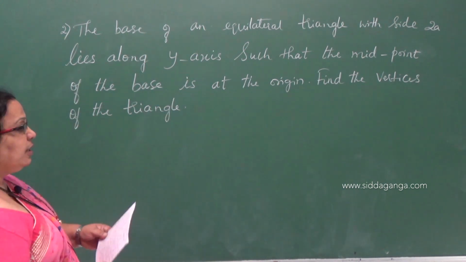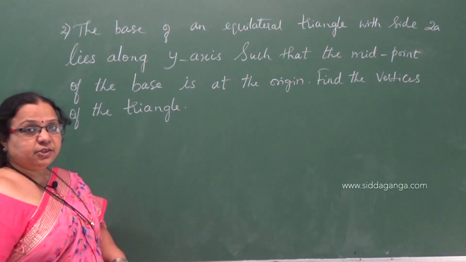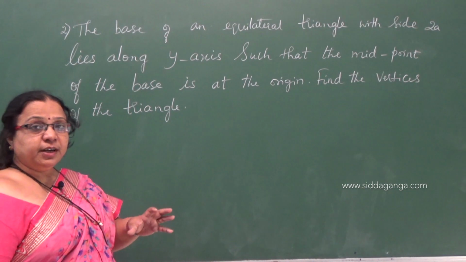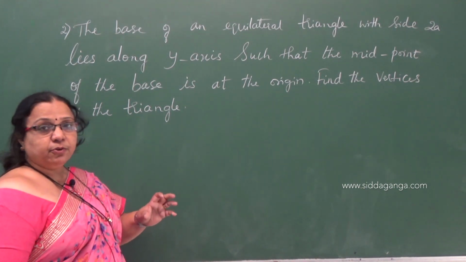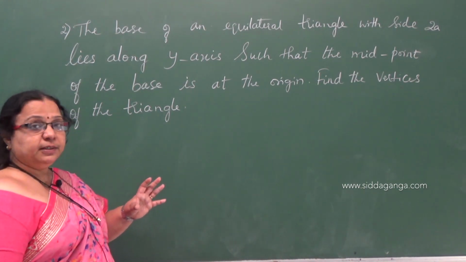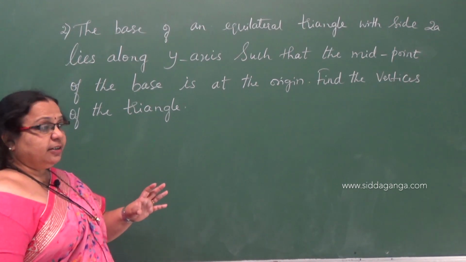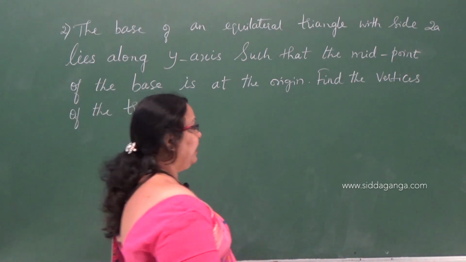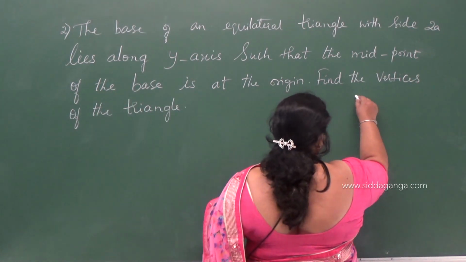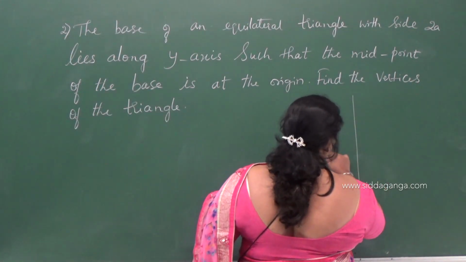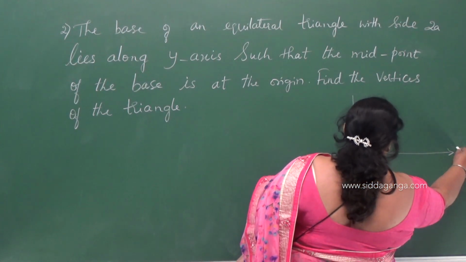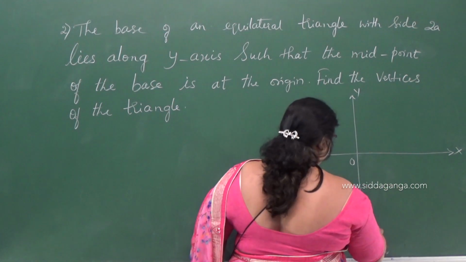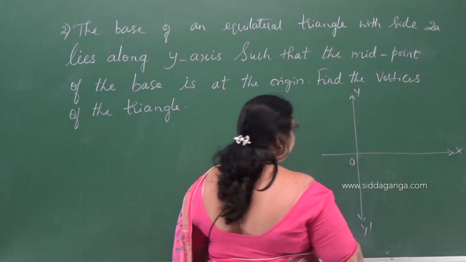So the question looks very long, but if we express the given data in a figure, it will become a little bit easier to solve. So we have to read the question repeatedly once. So the equilateral triangle is given here.